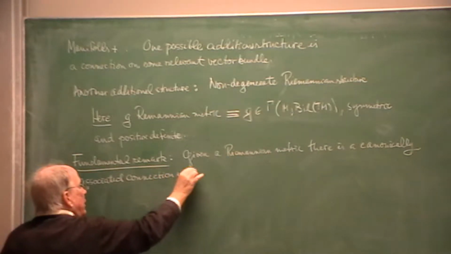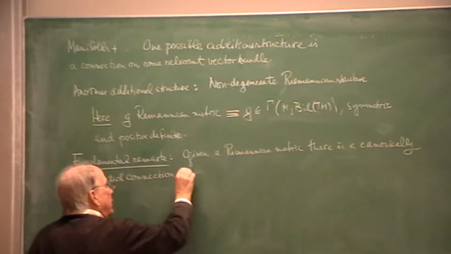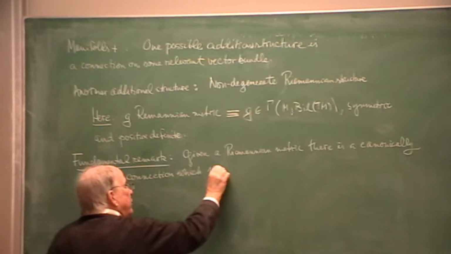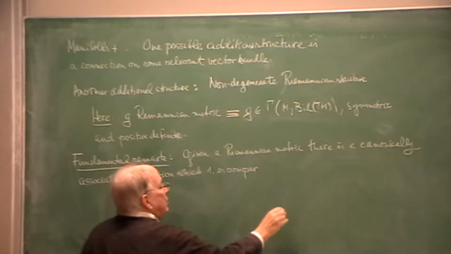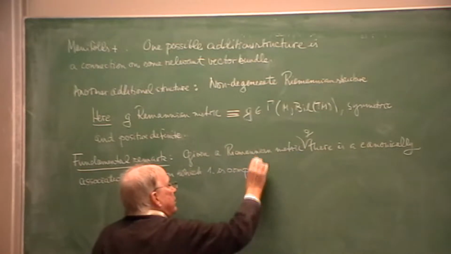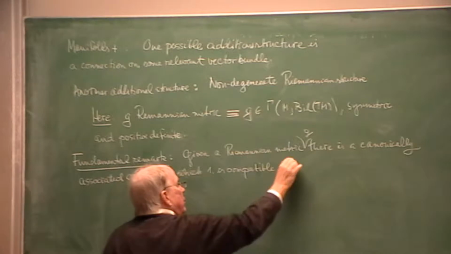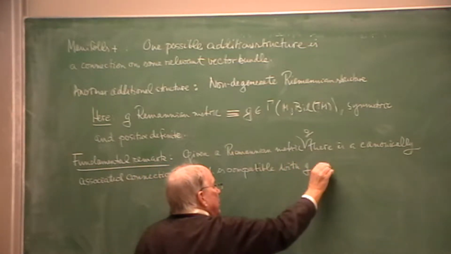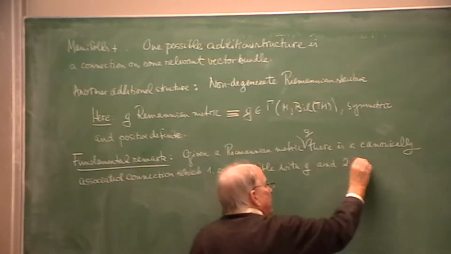Which one is compatible with the metric. Let's say, given a Riemannian metric G: one, compatible with the metric, and two, torsion free.